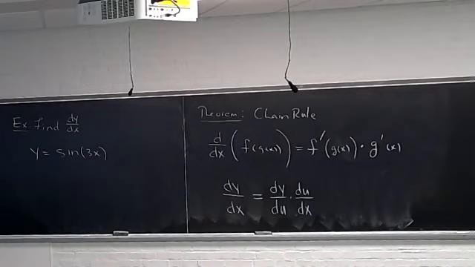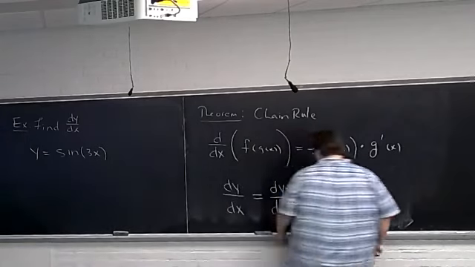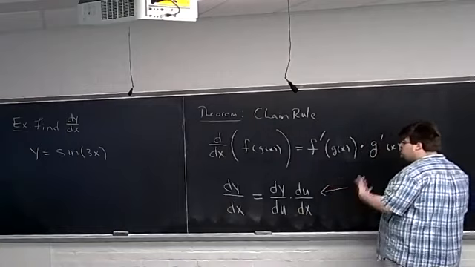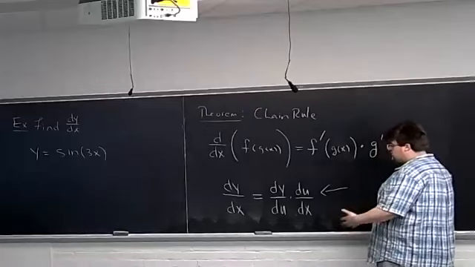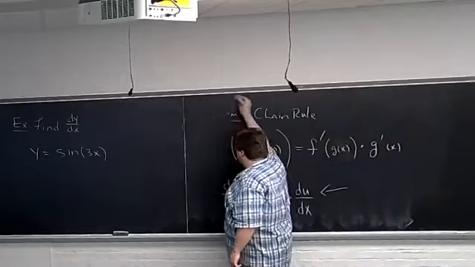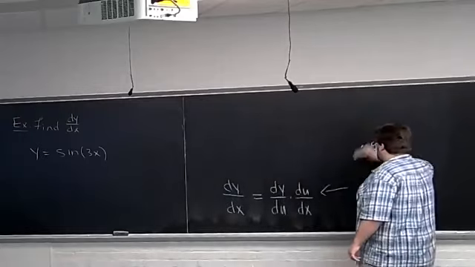But for these examples, I will use the second notation. Find dy dx, y equals sine of 3x. Well, our goal here is going to be to introduce a variable u so that we can find both of these derivatives using the derivative rules. Sometimes I call them algebraic derivative rules, but they're not all algebraic, just the first 6 are.